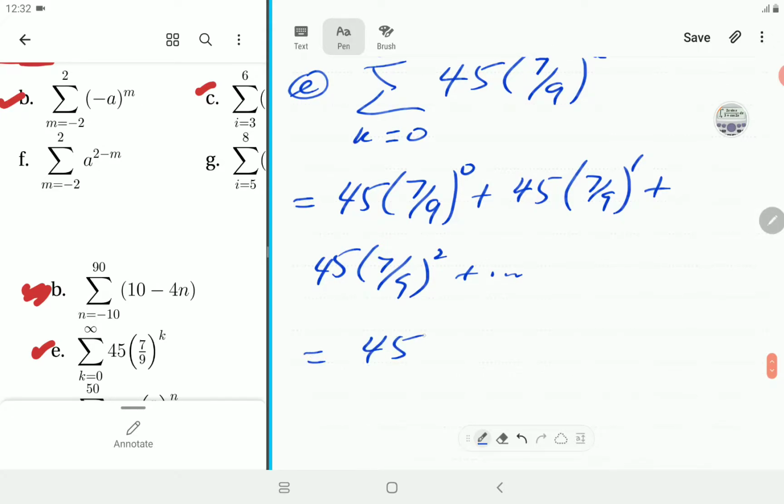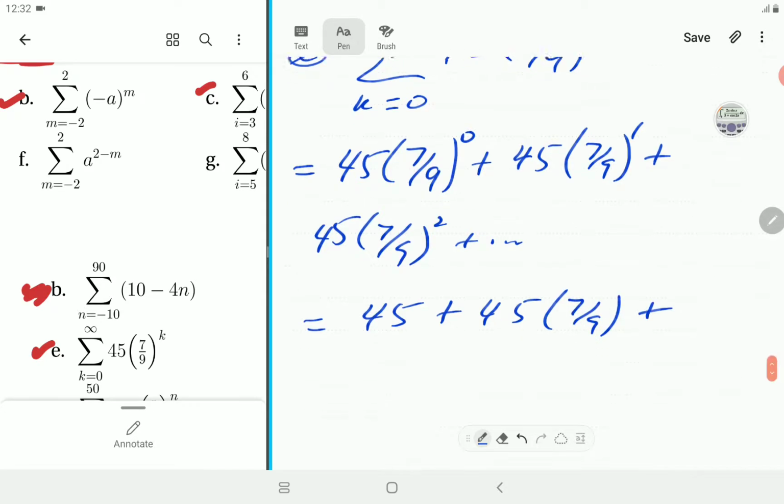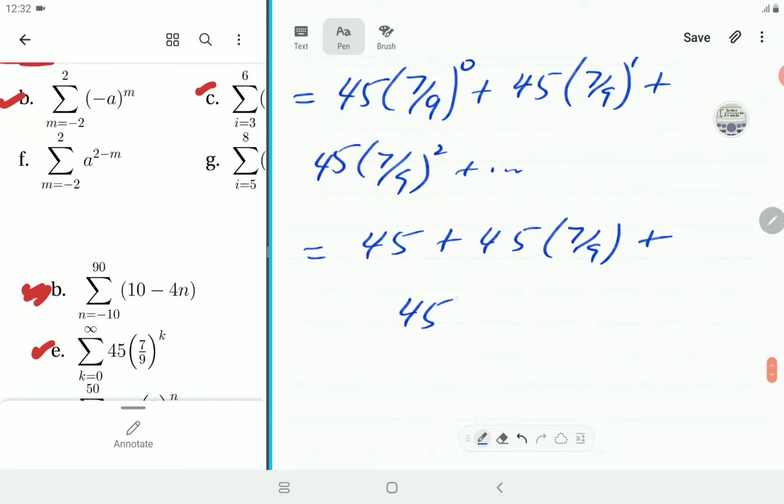So the first one is just going to be 45, because 7/9 to the power 0 is 1. And then again here, 49 times 7/9, then 7/9 squared here.